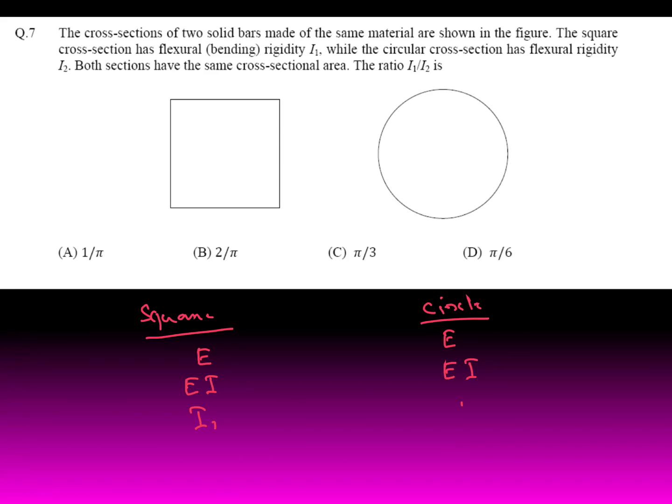Let this be I1, already given in this question, and I2. Then areas A1 and A2: the area is the same, A1 equal to A2. So let the square's side be A and the diameter of the circle be capital D. Since the area is the same, A1 equal to A2, A squared equals pi by 4 D squared.